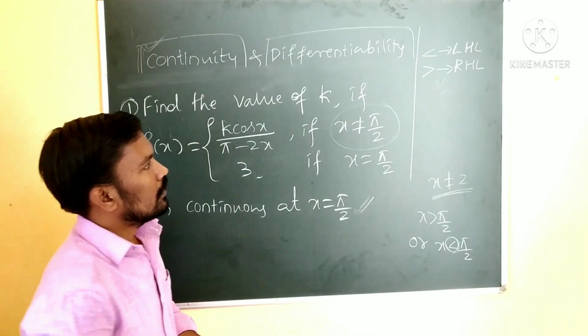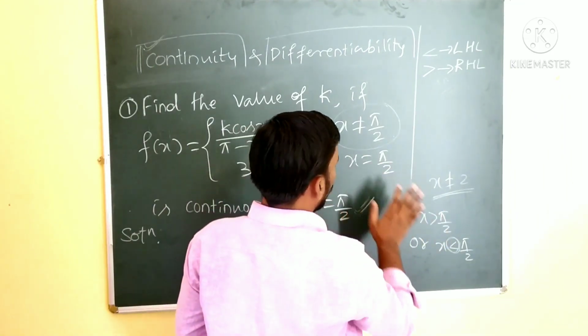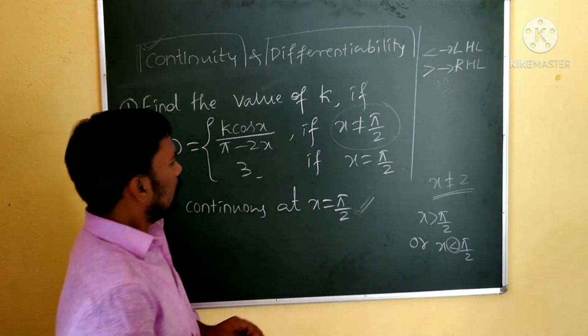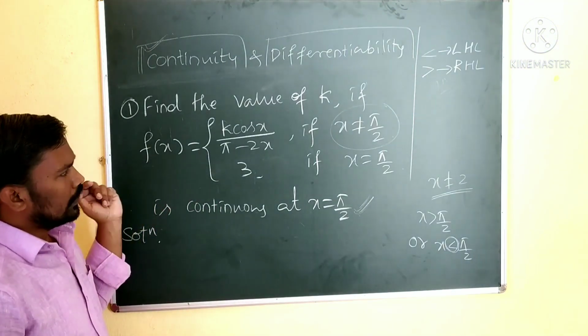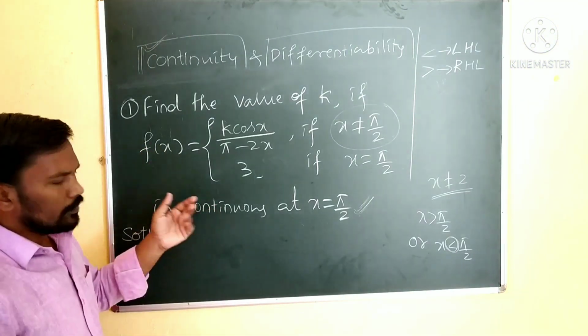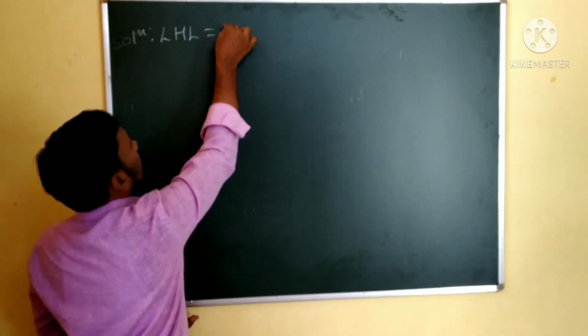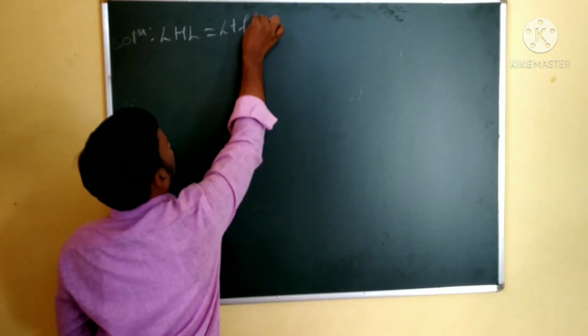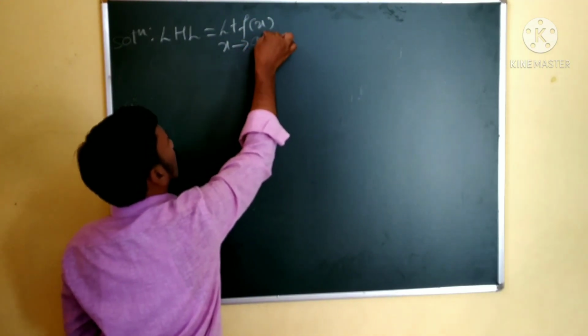Now here, we just need to calculate the left hand limit value or the right hand limit value, and in this particular question, calculate either one. Then you will have the value of k equal to limit f of x as x tending to a negative.